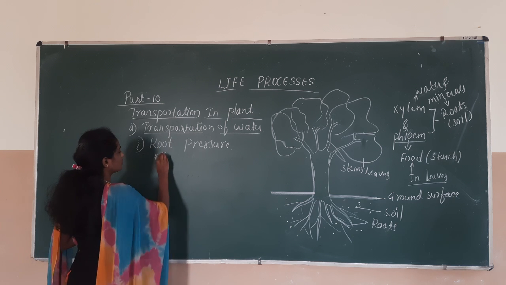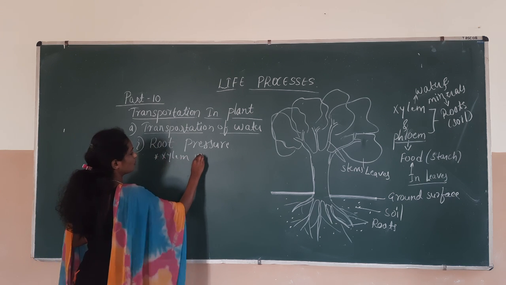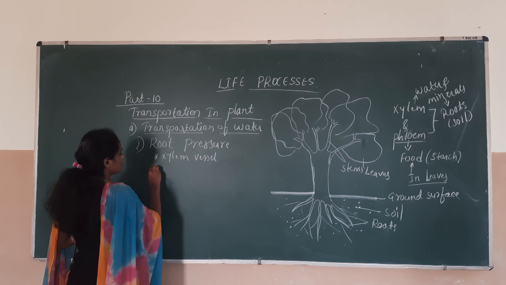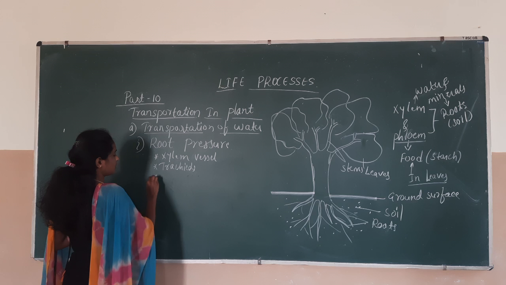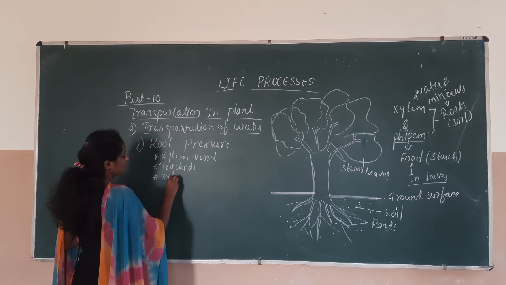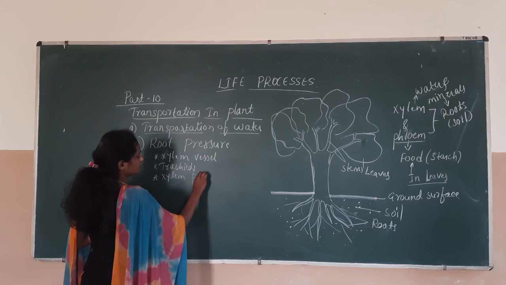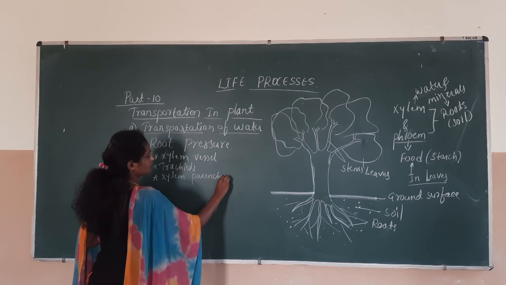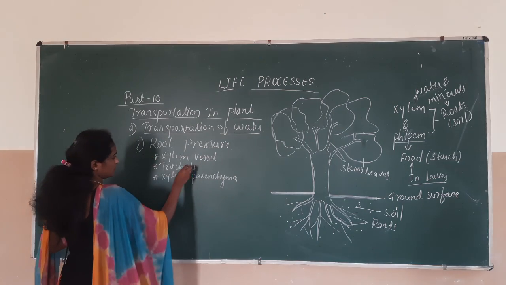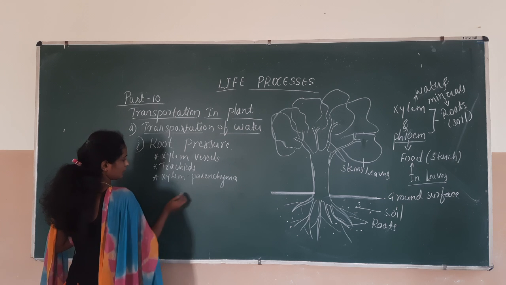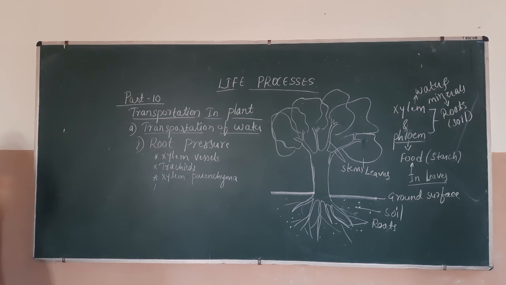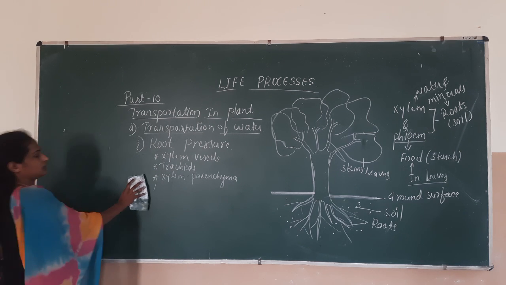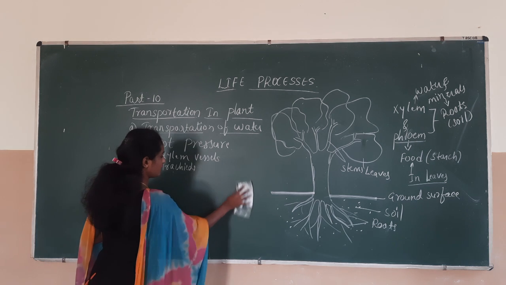Xylem consists of vessels, tracheids, and xylem parenchyma, and there is one more type I cannot remember.